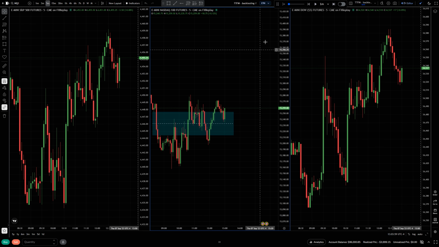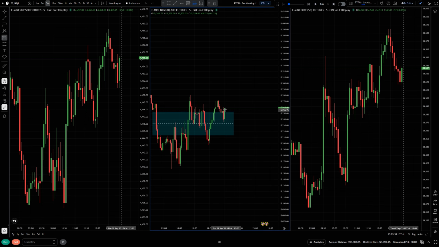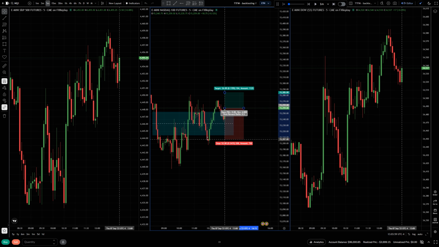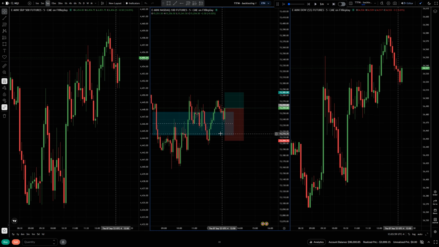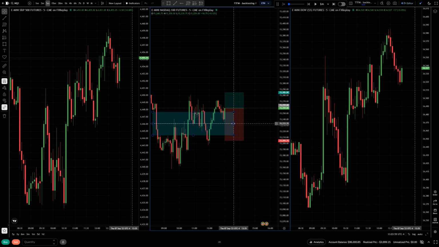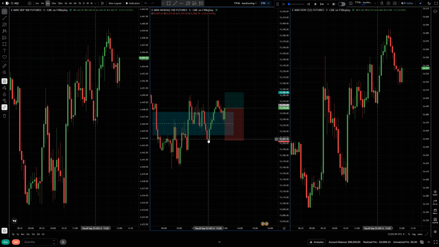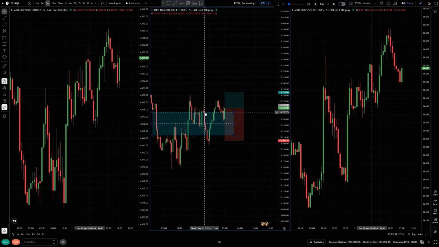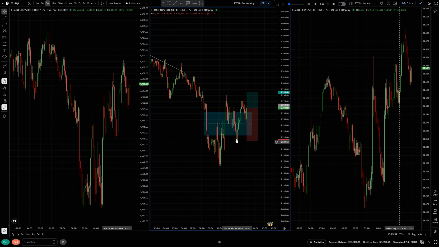Wow, we are closing above it. So we could take this with your stop. You can put your stop below this higher time frame, so 15-minute gap. But on the 5-minute chart, you can put your stop below the bodies of this bullish order block.